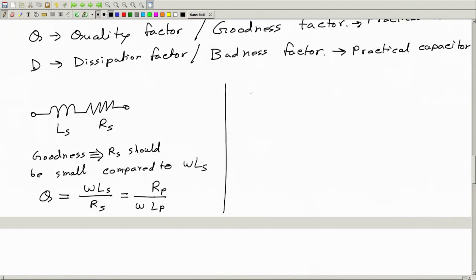Similarly, D factor, this as I said is a badness factor or degradation factor you can call, is normally used for a practical capacitor, which is always lossy or leaky. Some current always flows through the dielectric, which we model using this parallel resistance.